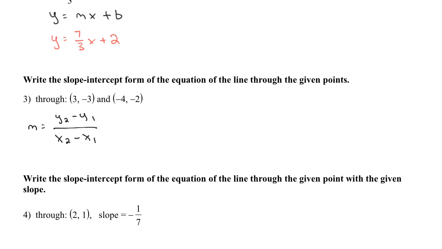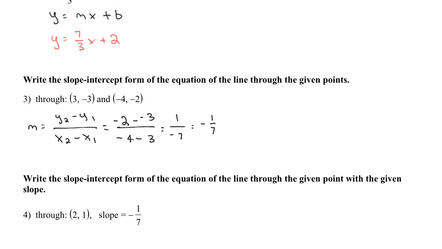So how much is my y changing over how much is my x changing? For my y's, if I do -2 minus -3 over -4 minus 3, that's going to give me 1 over -7, which is -1/7. So that would be my slope here.